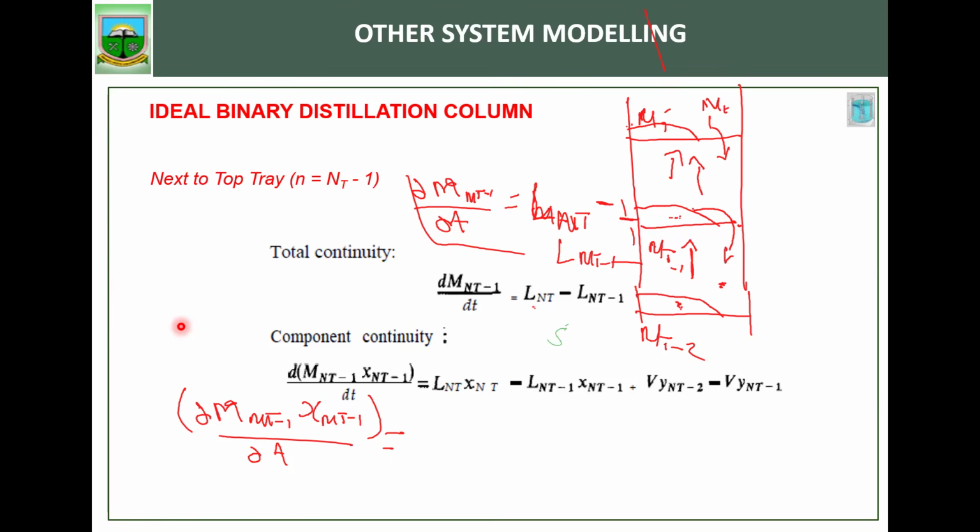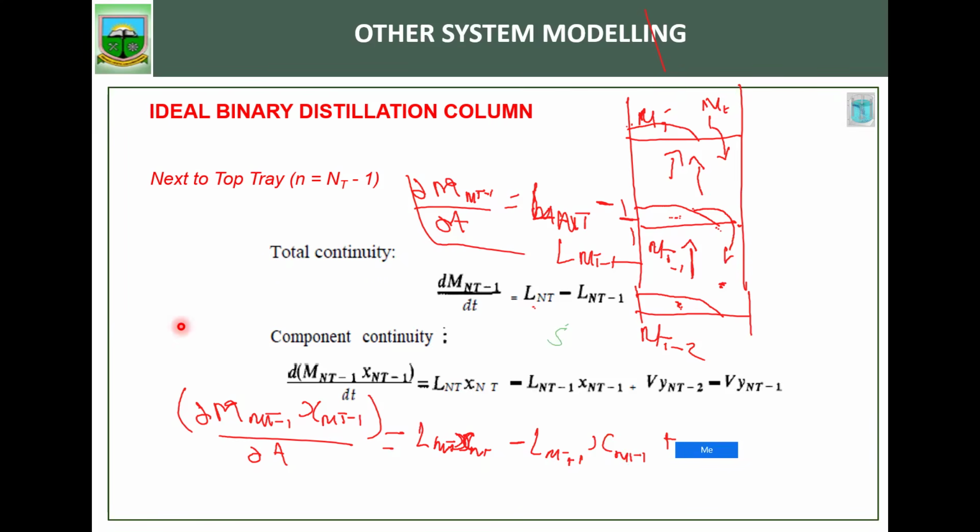If you remember, what is coming here is from NT, the top one. So it's going to be liquid NT times the percentage of the lighter component in NT, minus the one that is leaving this tray. So it's going to be LNT minus 1 times NT minus 1 in that.